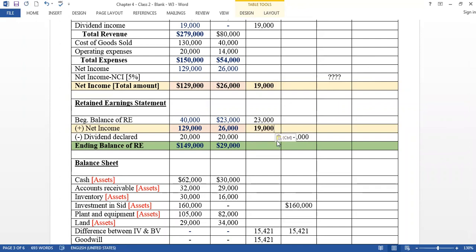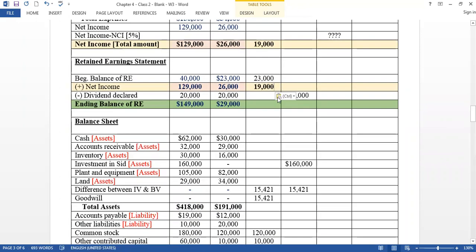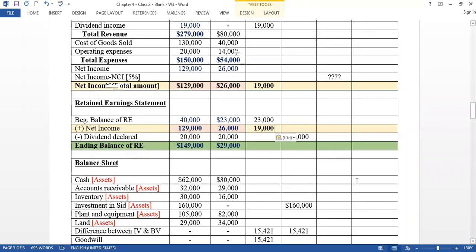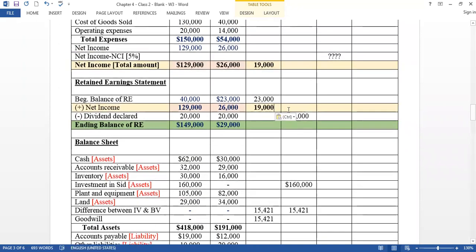Now look at here. 19,000 and 23,000, because the formula is here. The formula is beginning balance plus net income, right? Beginning balance, net income, and we don't have any amount here. So now this is $42,000.